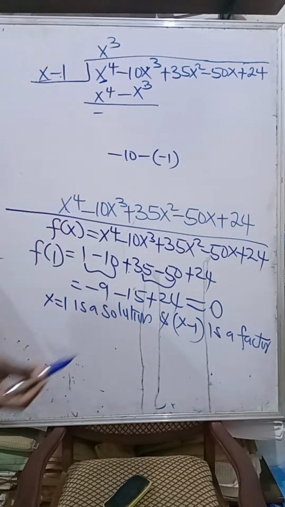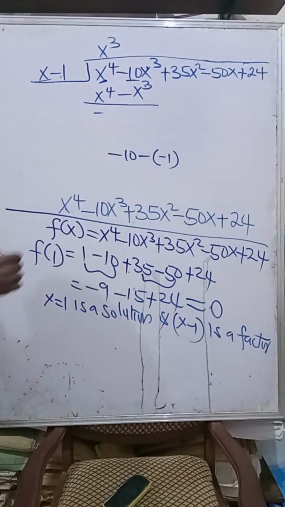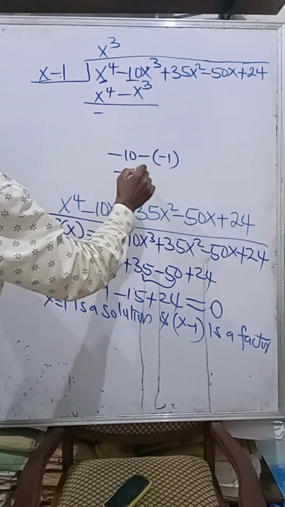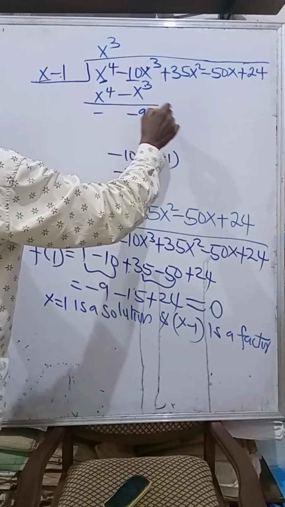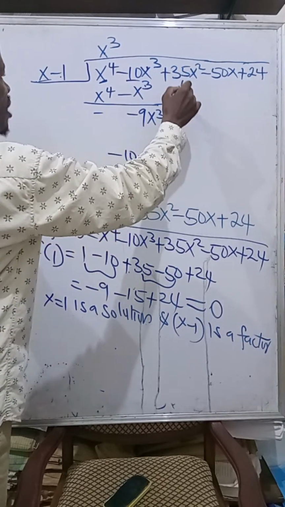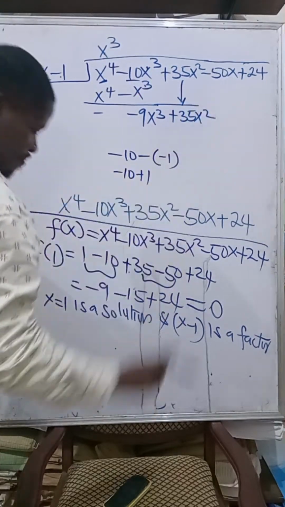Then you can add or subtract. So the coefficient minus 10 minus of minus 1 gives me minus 10 plus 1, and that's minus 9x cubed. So you bring the next one down, plus 35x squared.